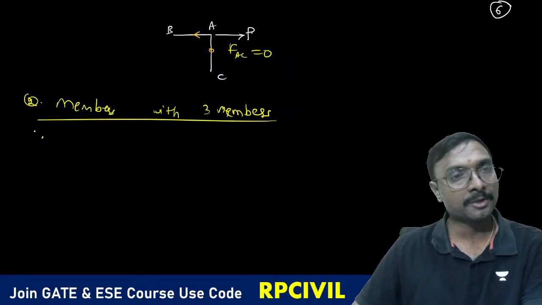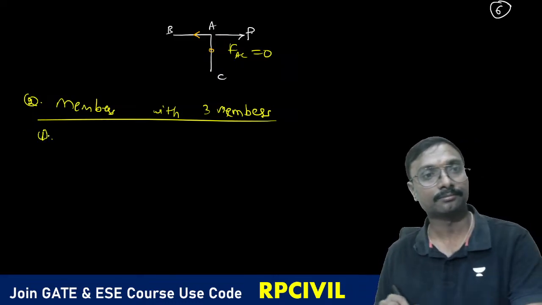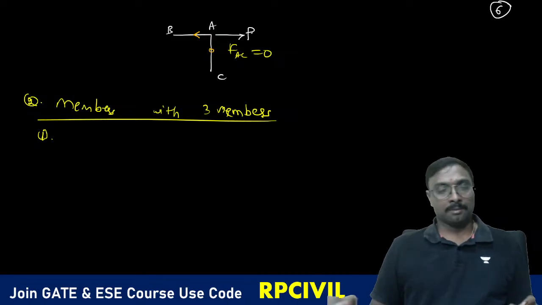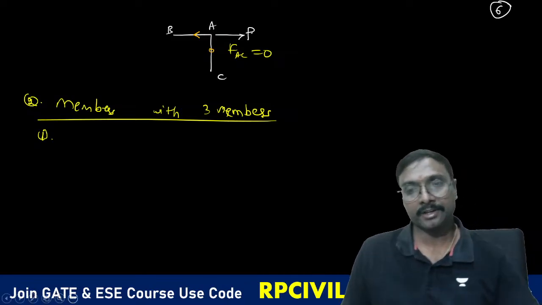Tell me, three members means how could they be? Everyone?